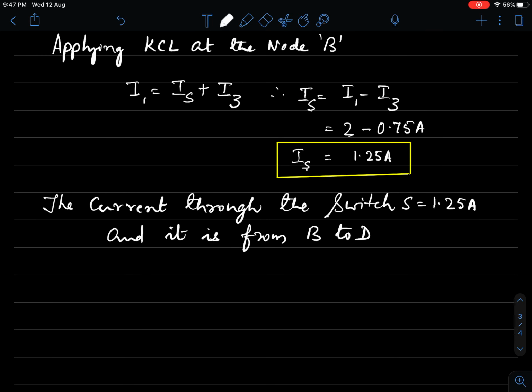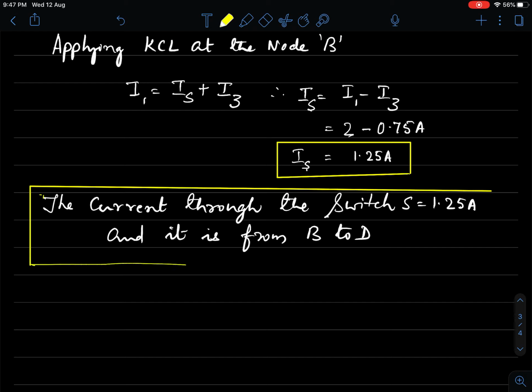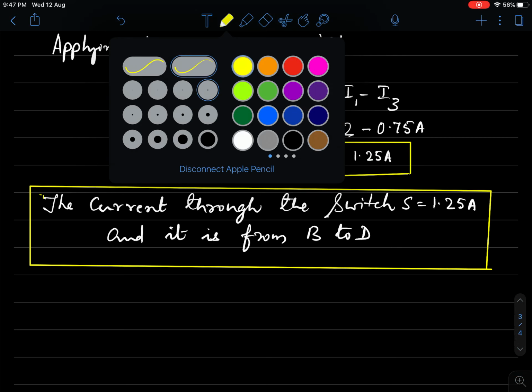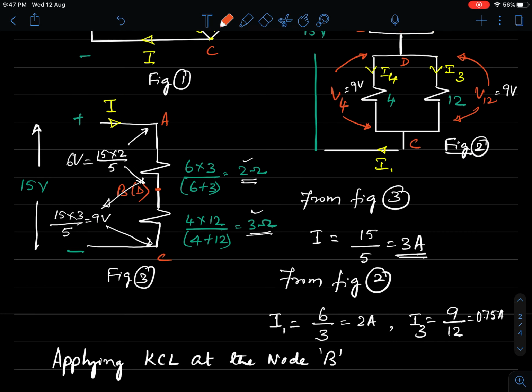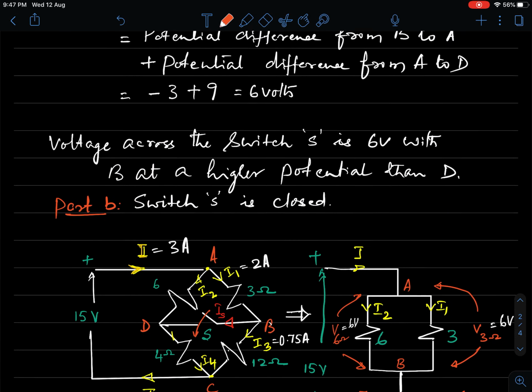The magnitude is 1.25 amperes, but the direction is from B to D. A little tilted line, shouldn't matter. We don't require any more decorations to be done. 1.25 amperes.